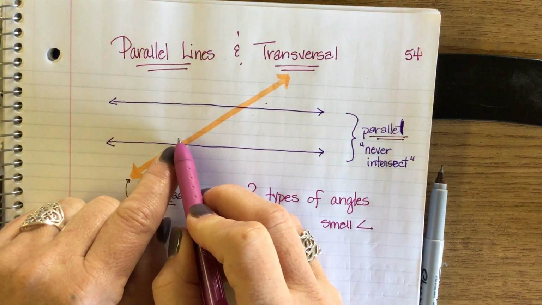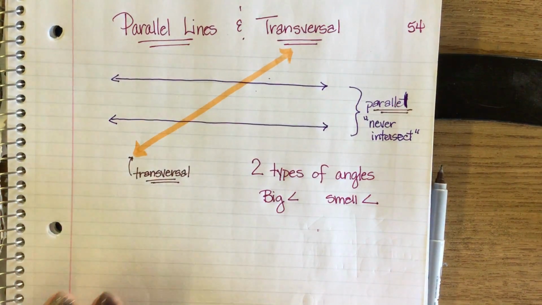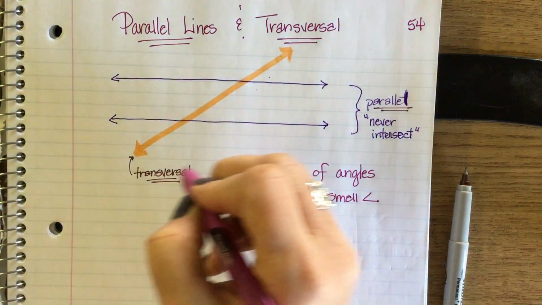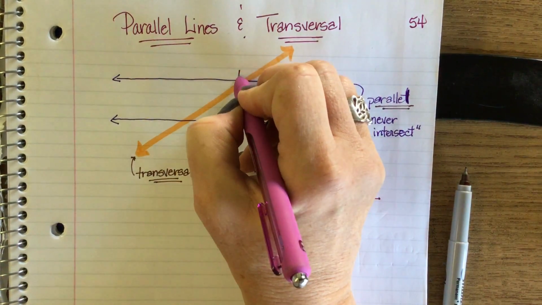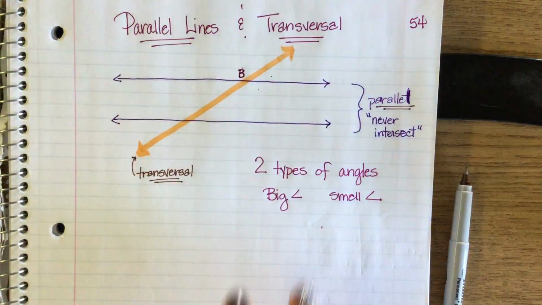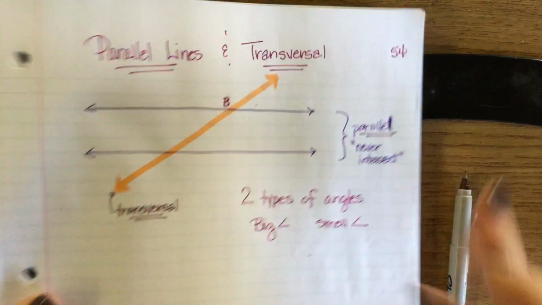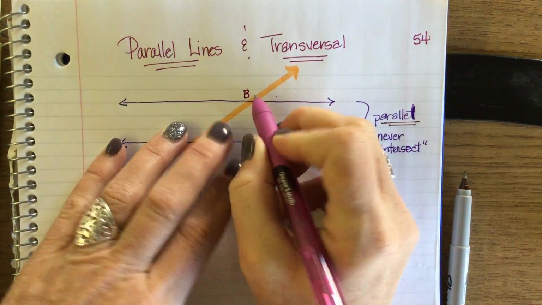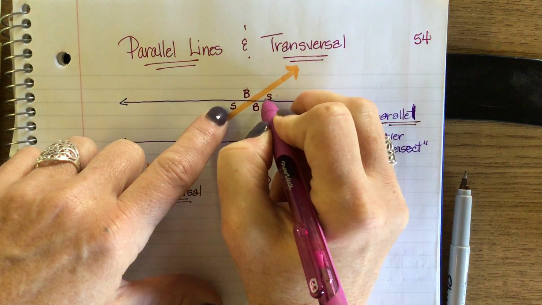This is a big angle, it's greater than 90 degrees. Let's just use B and S. So if this is a big angle, and we know that vertical angles are what? They're equal. So the big angles are equal. These two are equal. And then you have your small, and this is a vertical as well.